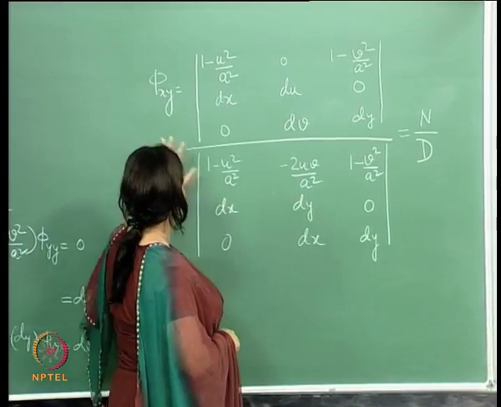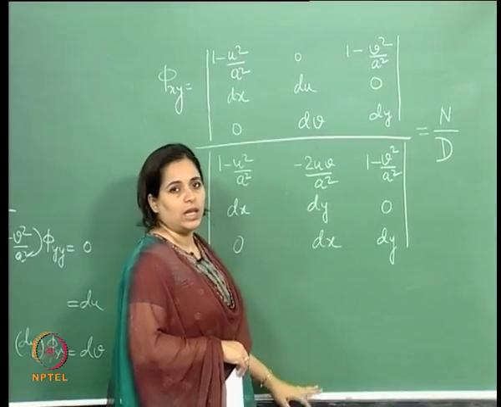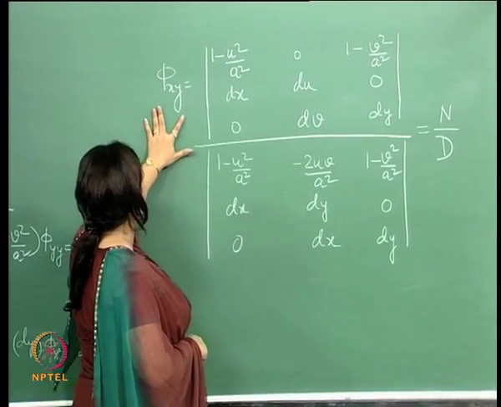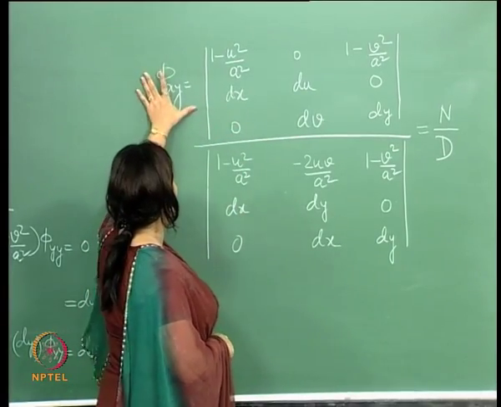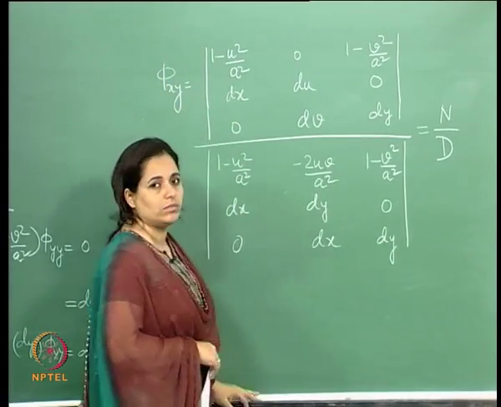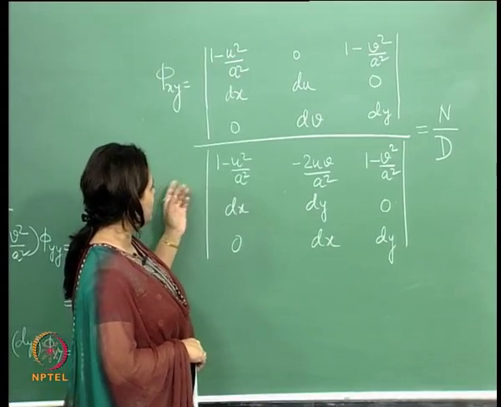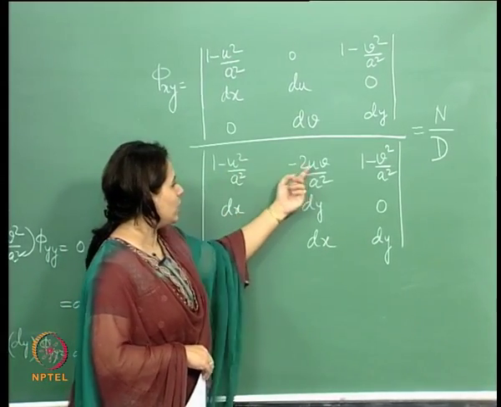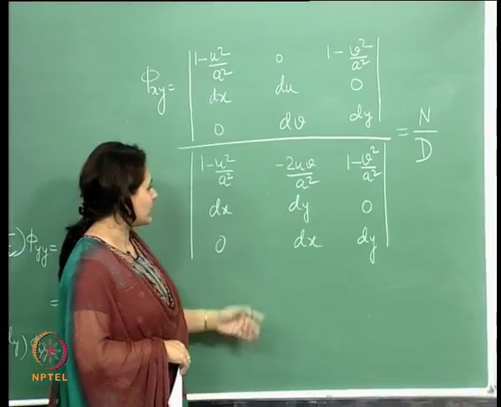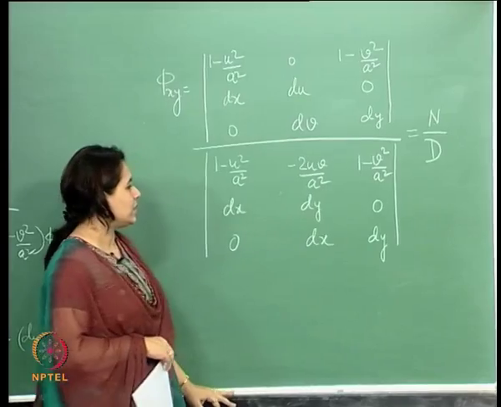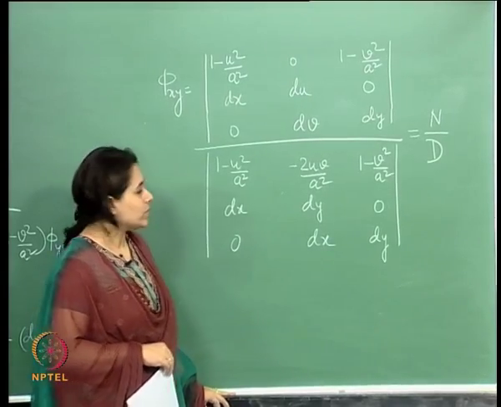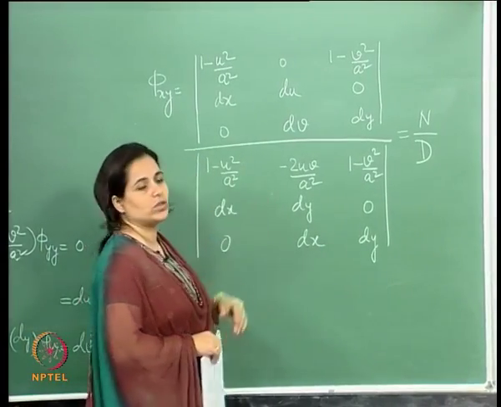that this denominator goes to 0, then of course we are not going to have a determinate value. We are not going to be able to determine phi xy. We are not going to be able to determine u, v, etc. If we choose dx and dy in such a way that the denominator goes to 0.